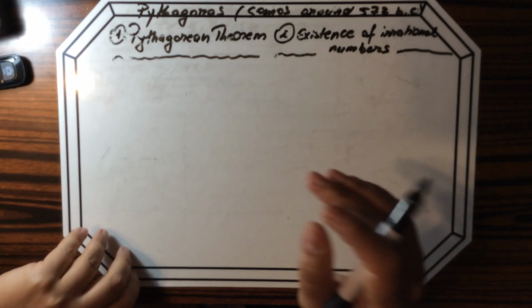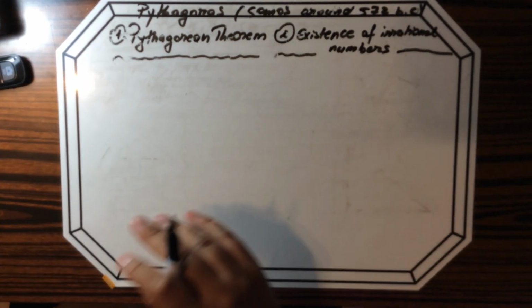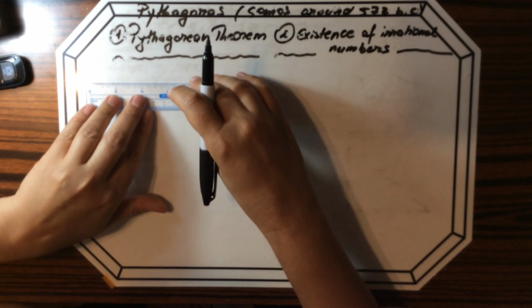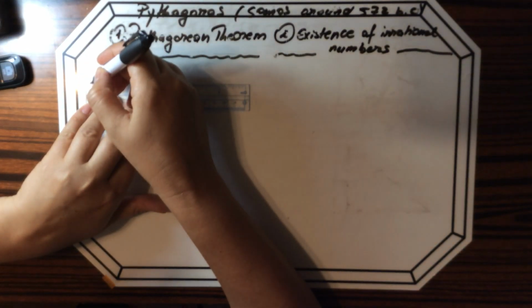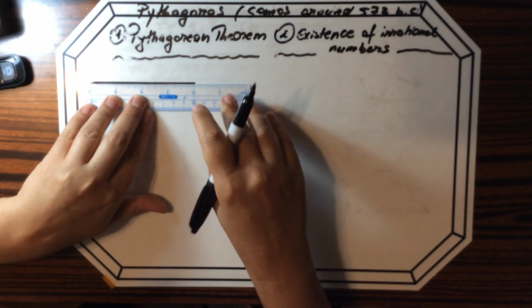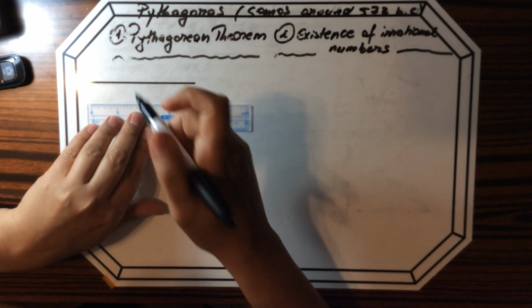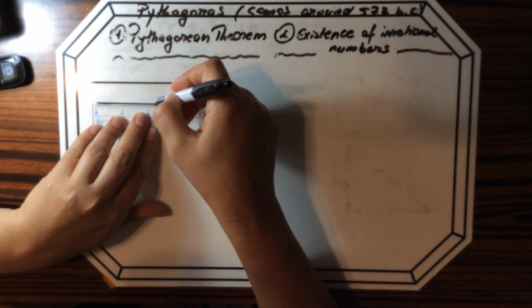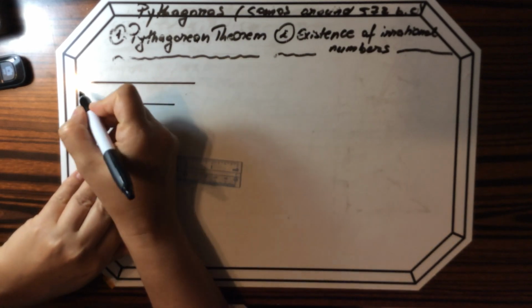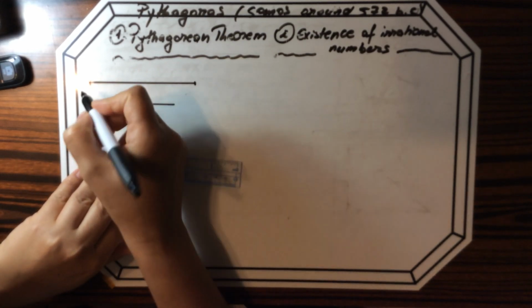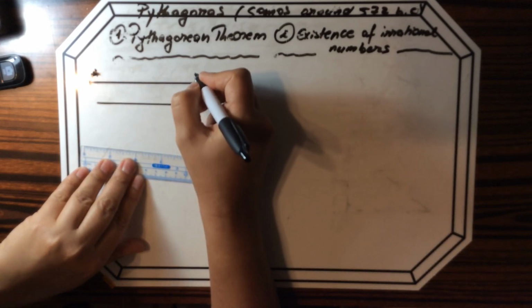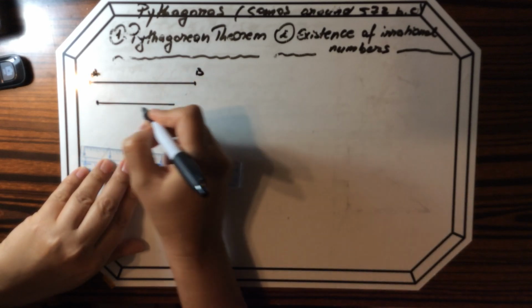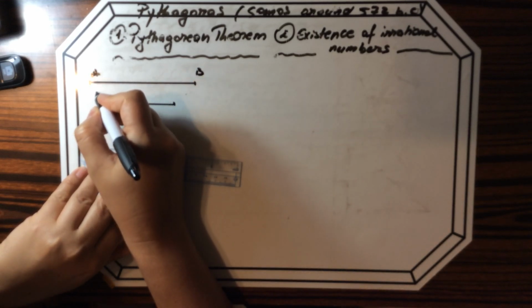Let's start with two line segments, AB, and another line segment CD. So let me call this segment AB, and this is the segment CD.